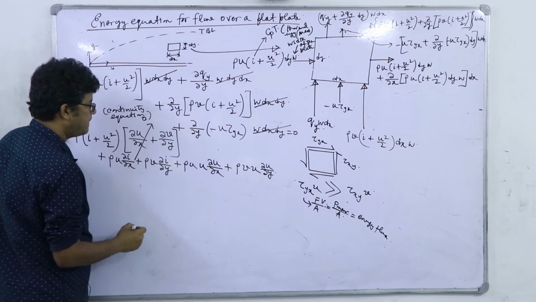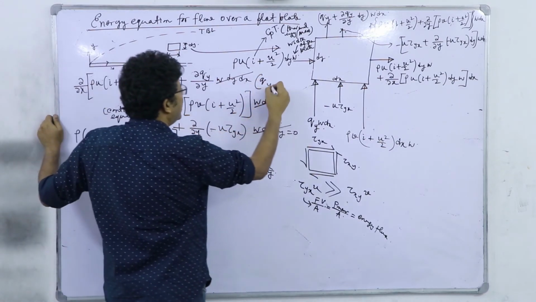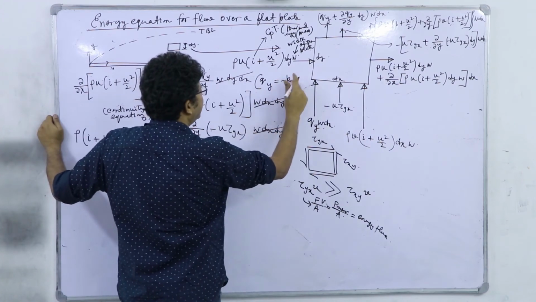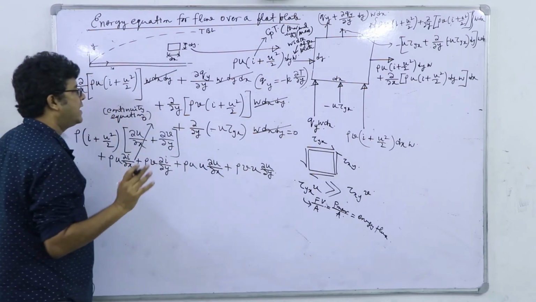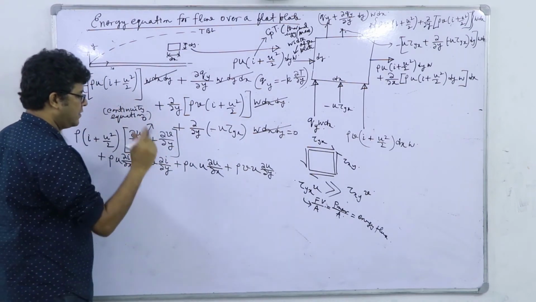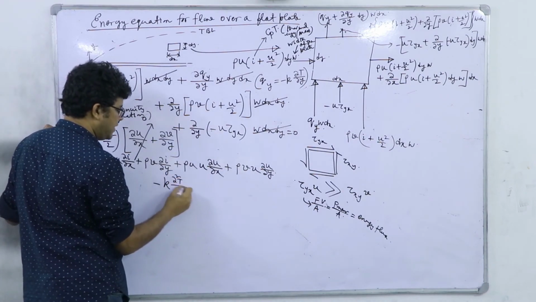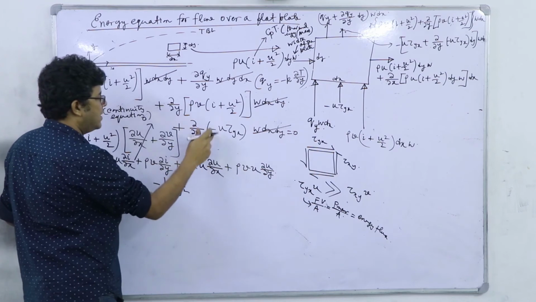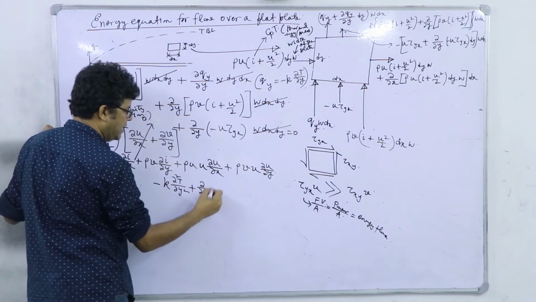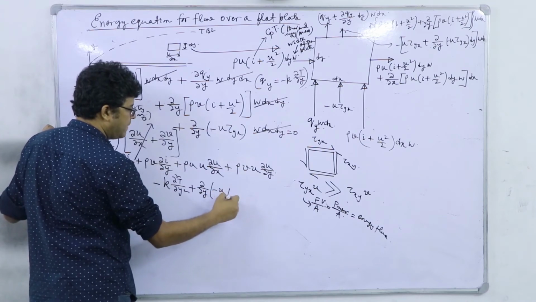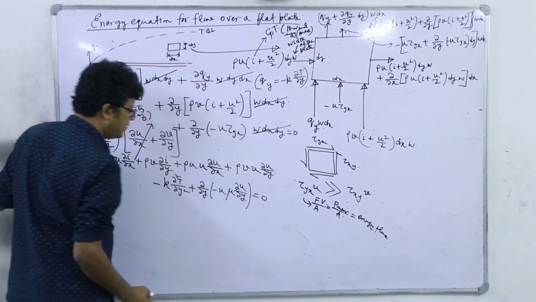Next, let's substitute this qy. Here qy is equal to minus k into del t del y according to Fourier's law, because we have neglected the conduction in x direction. So this term will be minus k del square t del y square, and here, since we are using a Newtonian fluid, del del y will be minus of u mu into del u del y, and the entire thing is equal to 0.